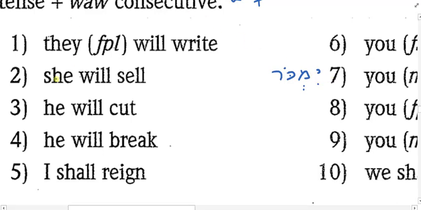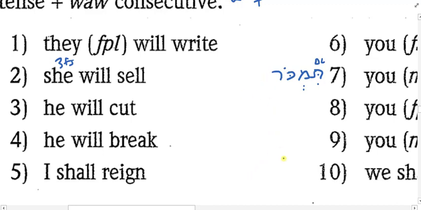If it's she, it's 3FS. What do I have to switch the yod for? A tav. Okay, so that tav gets a dagesh lene in it because there's no vowel sound before it. So timkor, she will sell.